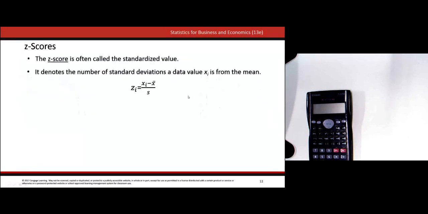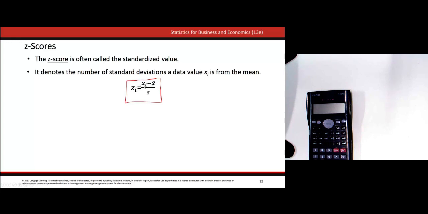How do we calculate the z-score? For any observation, it is xi, the observation, minus the sample mean, divided by the standard deviation, which gives us the number of standard deviations the data value is away from the mean. You can have a negative z-score, positive z-score, or 0 z-score. If the z-score is 0, this means that the value is equal to the sample mean.